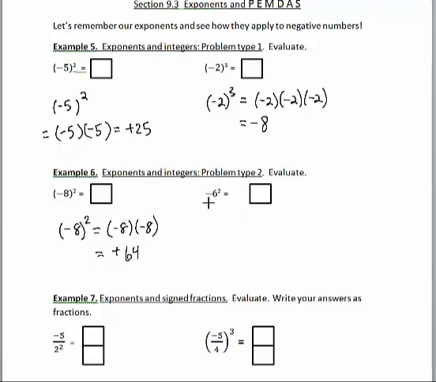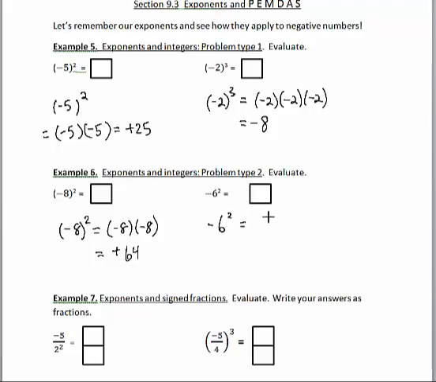And here we see the difference that the parentheses make. Notice that the negative and 6 are no longer grouped inside of parentheses. When written this way, the exponent 2 only applies to the 6 and not the negative.